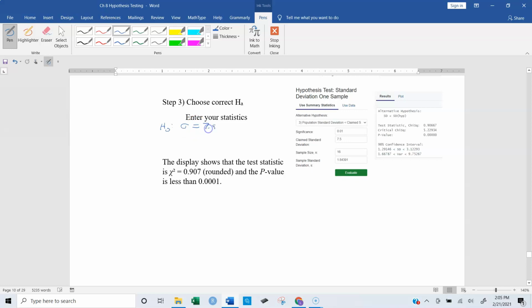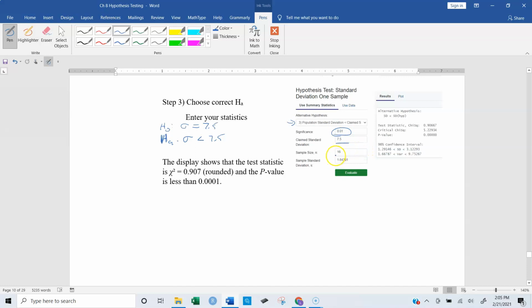Our alternative hypothesis was that it is less than the 7.5. So we plugged in less than as the claim. We want a 0.01 significance level. 7.5 is what I'm claiming it is.